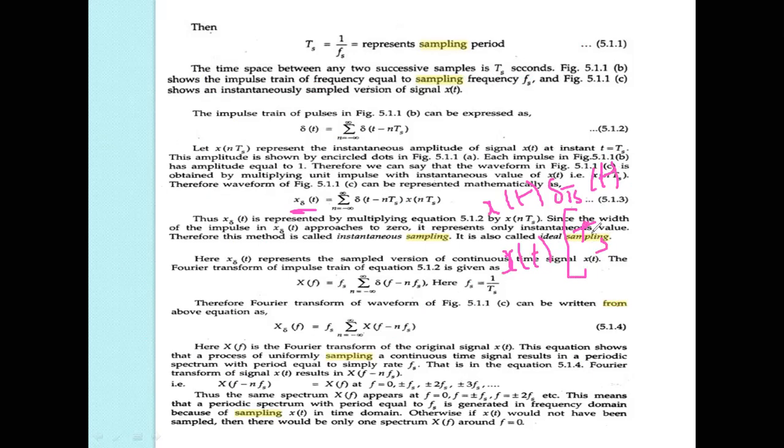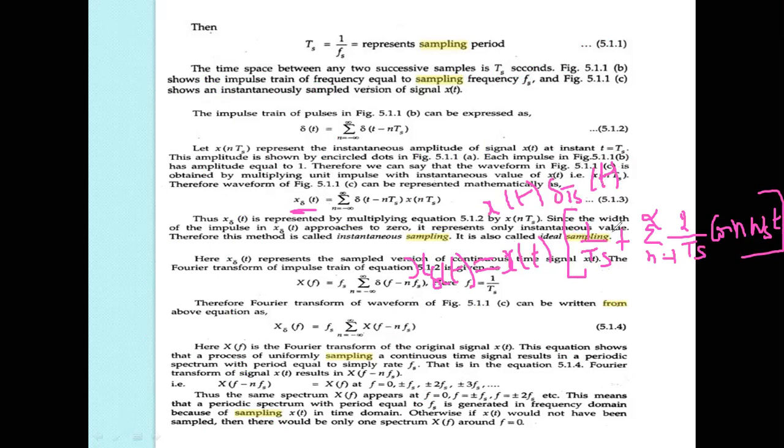A0 is 2 by Ts, my dear students. It is not Ts, it is 1 by Ts. 2 gets cancelled, and we get 1 by Ts, not Ts, plus sum of n is equal to 1 to infinity An, An is 2 by Ts cos n omega s t. So x delta of t is equal to x of t times delta Ts of t.